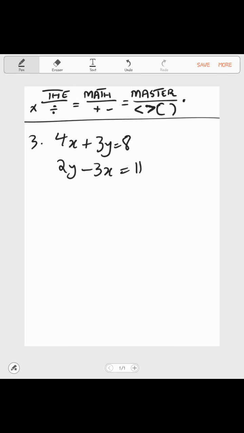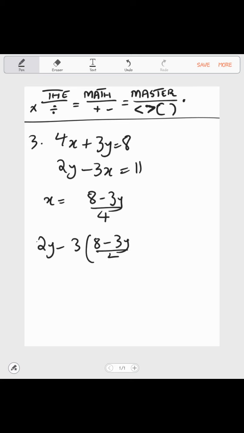Now you can easily make x the subject like before. x equals 8 minus 3y over 4, and 2y minus 3 times 8 minus 3y over 4 equals 11. 2y minus 24 plus 9y over 4 equals 11.